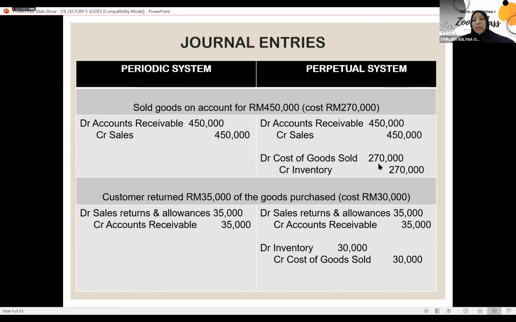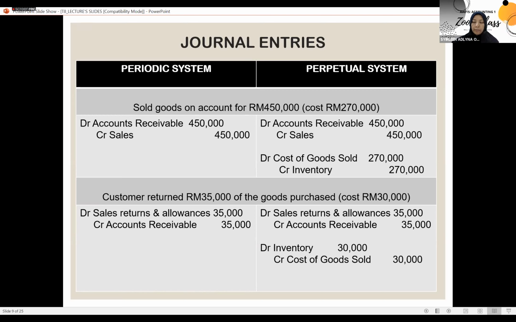270,000. So here, kalau orang tanya, how much is the gross profit you are making today? So you ada sales dekat sini, 450,000, and you dah ada COGS. Kalau awak recall balik, bila kita buat income statement, in order to calculate your gross profit, kita akan ambil sales minus COGS. Betul? So dekat sini, I already have my sales with the amount of 450,000.